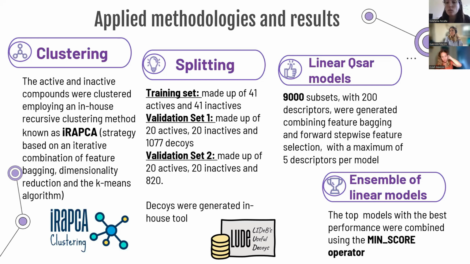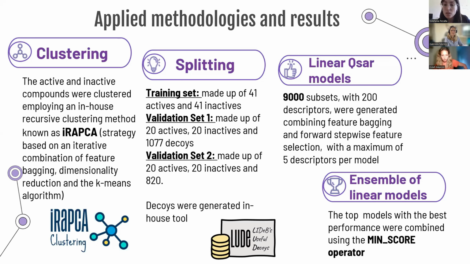Validation set 1 was used to evaluate the performance of the individual models in a retrospective virtual screen and to obtain a model ensemble. It was also used to decide which individual models would be combined and how.